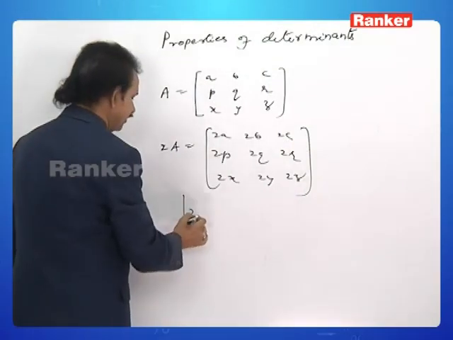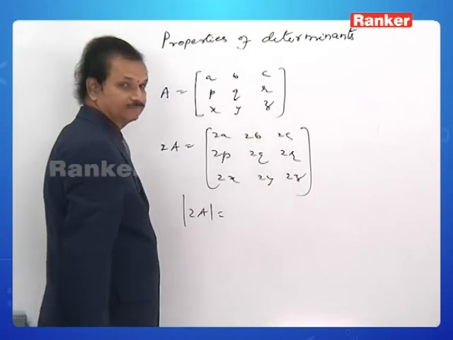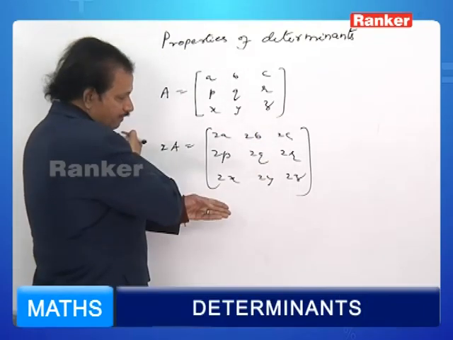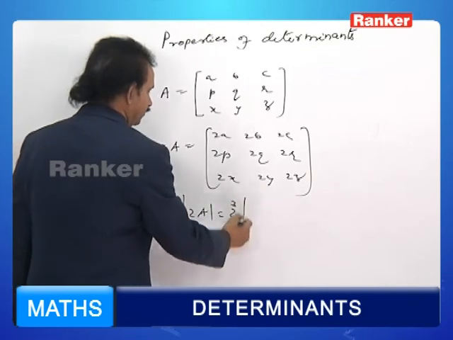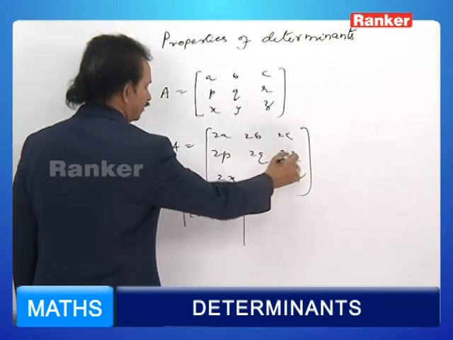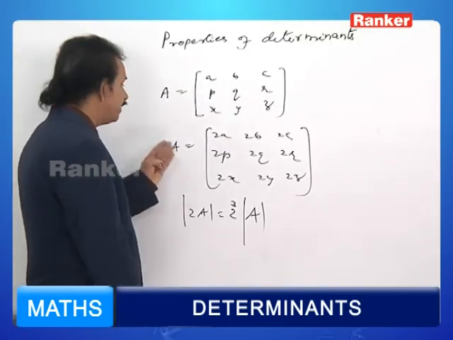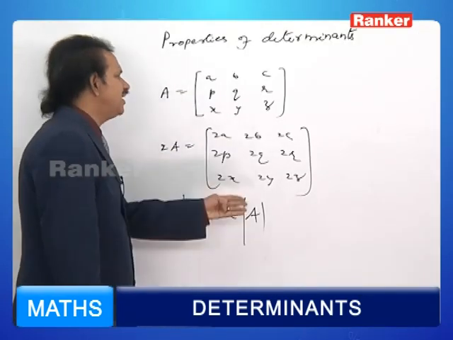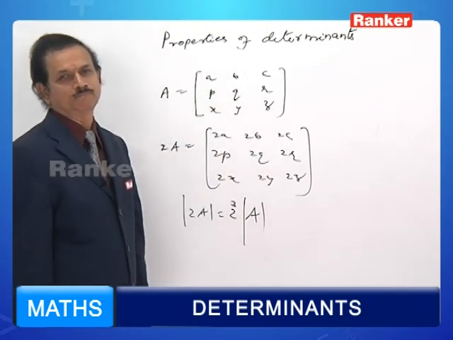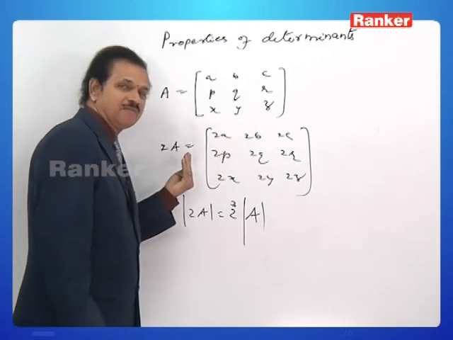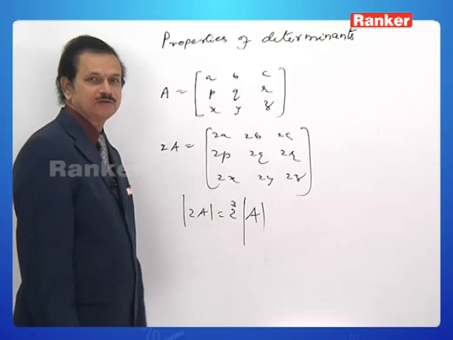What is det 2A? Determinant of this. You can get 2 from first row, from second row, from third row. Altogether 2 cube into A, B, C, P, Q, R, X, Y, Z, which is nothing but det A, isn't it? 2A means every element of A is multiplied with 2. So in every row you can take a common factor 2 out: 2 from first row, 2 from second row, 2 from third row.